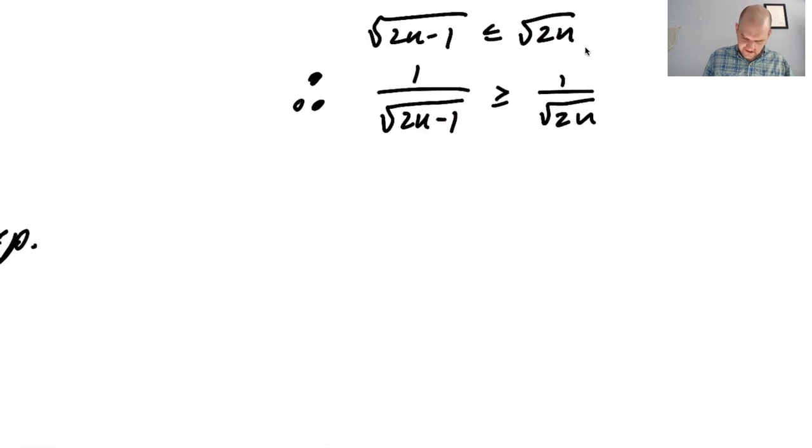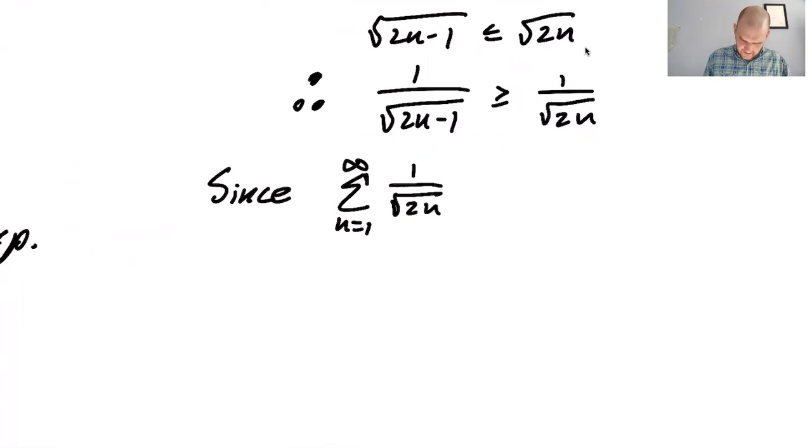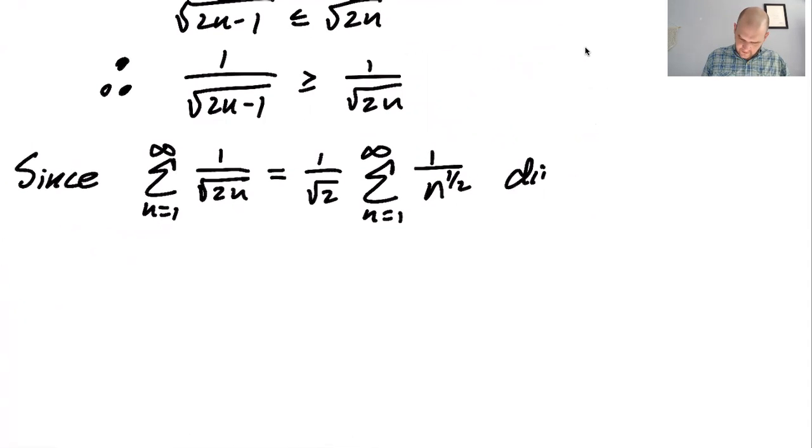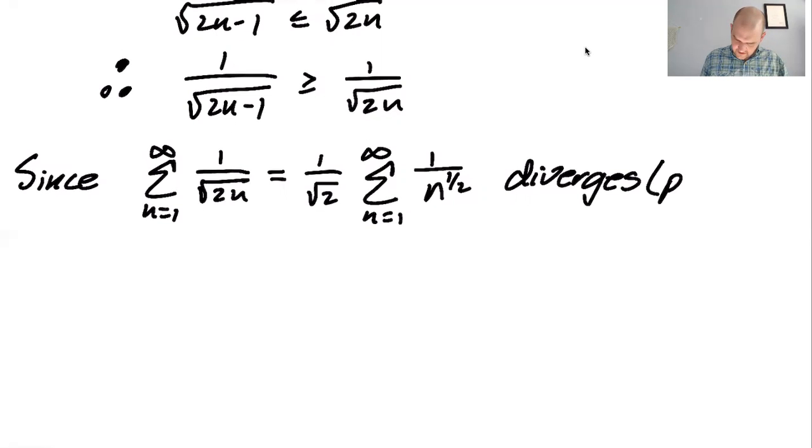All right, now we got this. So since the sum of 1 over root 2n is equal to 1 over root 2, I'm going to take that out, and then the sum of 1 over n to the 1/2 diverges, and so that's with p equals 1/2, which is less than 1.